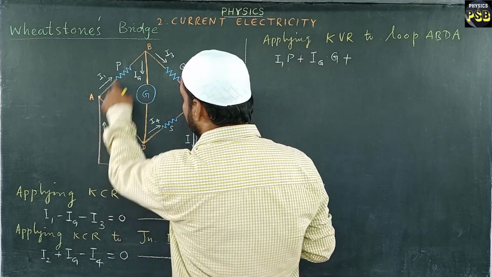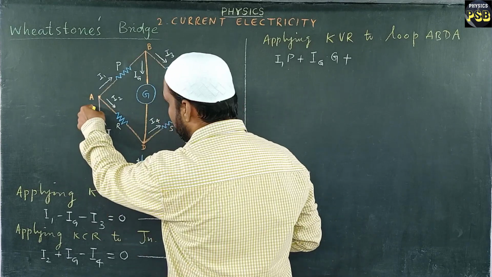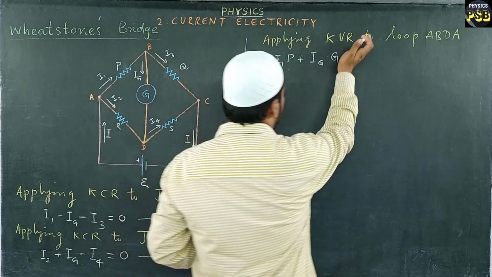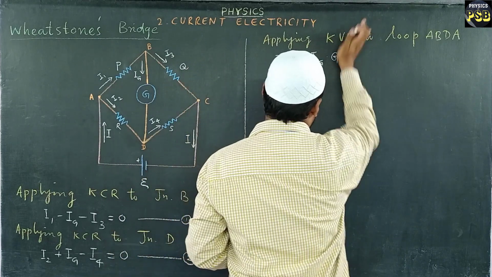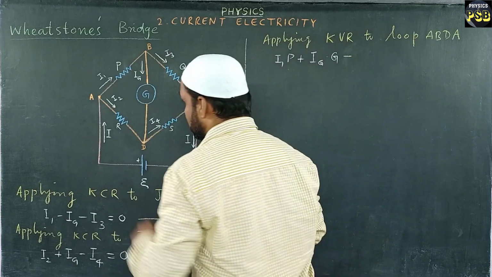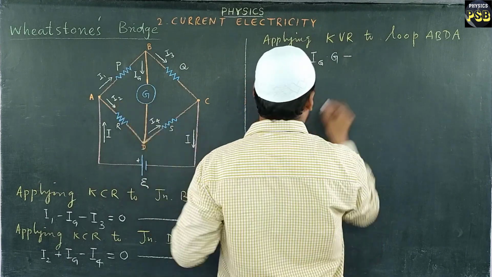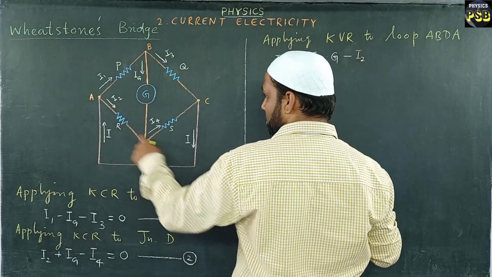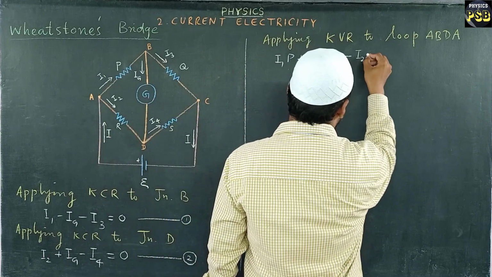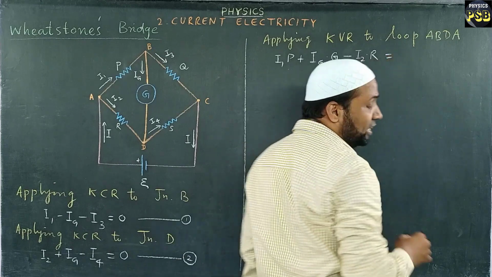To complete the loop I have to move from D towards A, but the current is moving in the opposite direction. So in place of plus, I have to write minus here. I2 multiplied with the resistance is R. The sum of these three is equal to the total EMF.